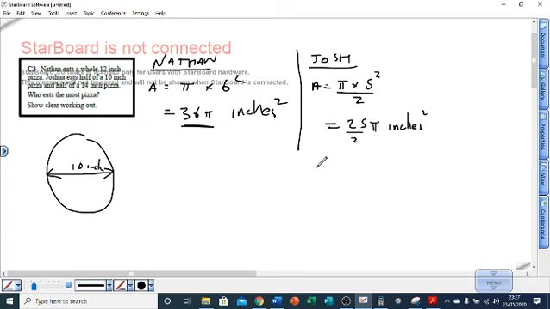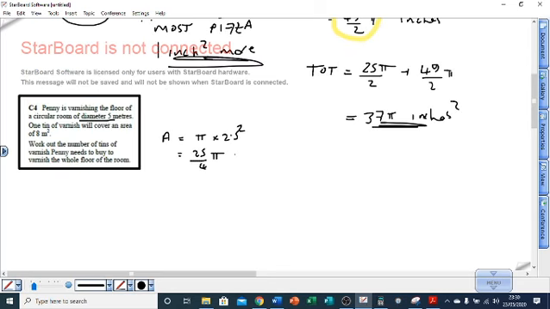So 2.5 squared is 6.25, I think. So 2.5 squared, which is 6.25. Okay, I'll leave it as 25 over 4 pi meters squared.